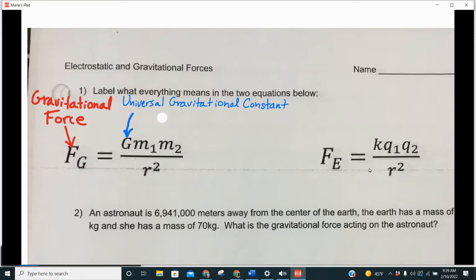And just like little g was always the same on Earth, this big G is always going to be the same for everything. Hence why it's called the universal gravitational constant. And this capital G is equal to 6.67 times 10 to the negative 11th. And then there's some crazy funky units after it, but I don't want you to get lost in the units. The units are disgusting. So I'm going to have you focus that it's 6.67 times 10 to the negative 11th.